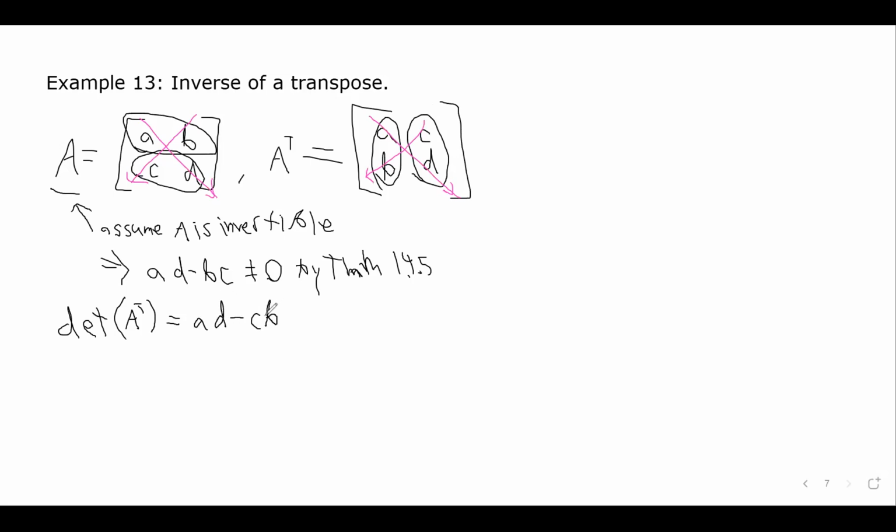AD minus CB is the same thing as AD minus BC for real numbers. And so that means that this is also not 0. We're not given this is non-zero, but because A is invertible, we know that AD minus BC is non-zero by theorem 1.4.5. And that means the determinant of A transpose is non-zero, and that implies that A transpose is invertible.